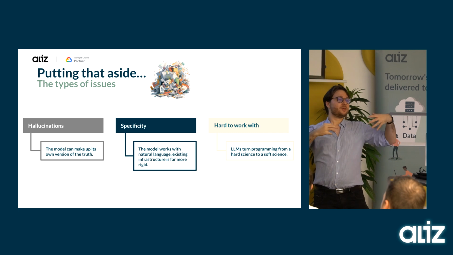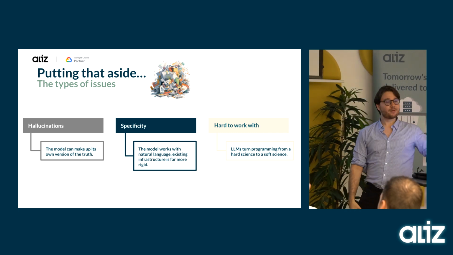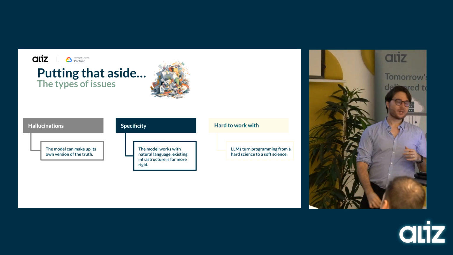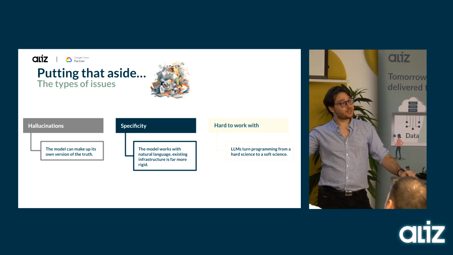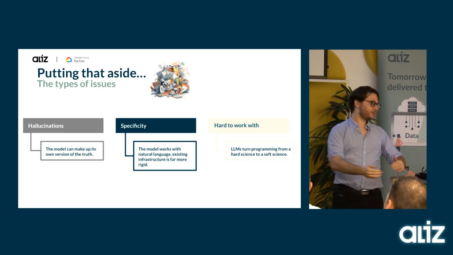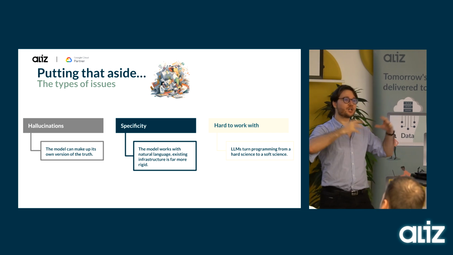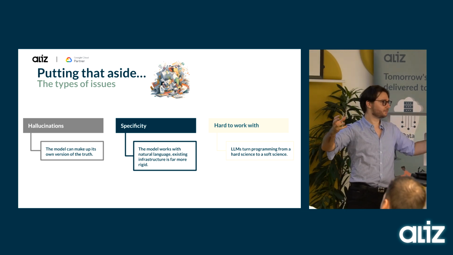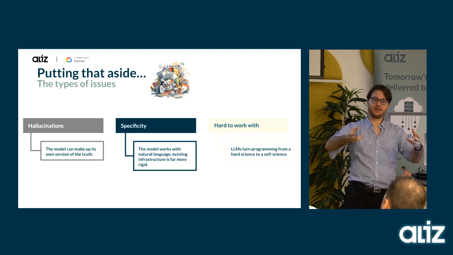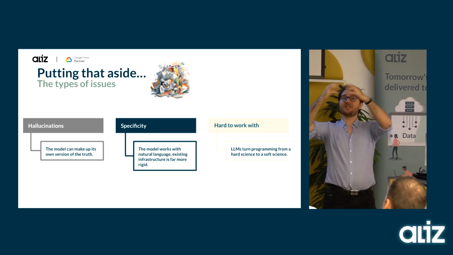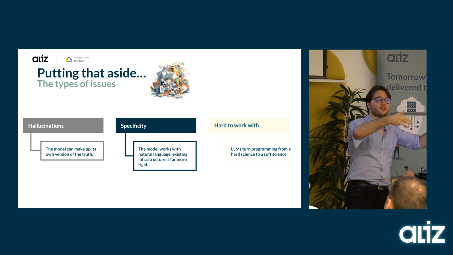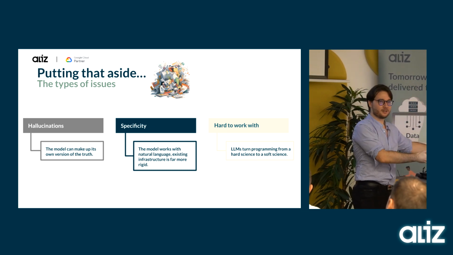So what type of issues could come up? We'll go into details on each of these. One thing that you've already seen a bit of an example of is hallucinations, where the model essentially makes up its own version of the truth. Large language models, all they fundamentally do is take a piece of text and predict the most likely follow-up to that text.